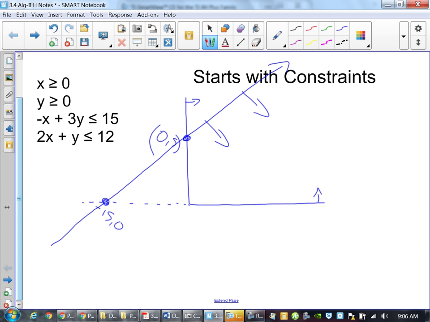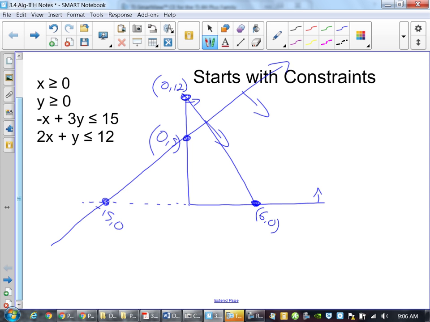Okay. Now do the same thing with the next one. What is your x-intercept? Your y-intercept. So I put one at 6, 0, and I put the other one up here at 0, 12. And I know that I have to go this way.